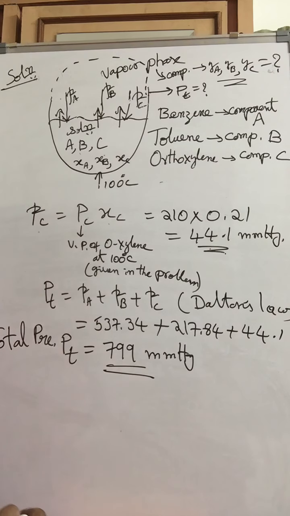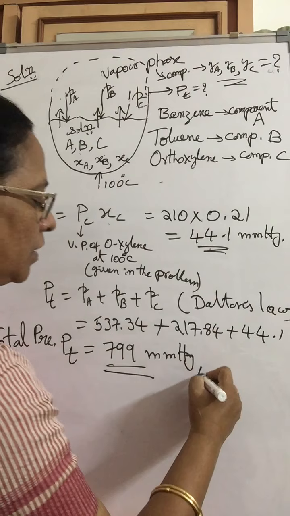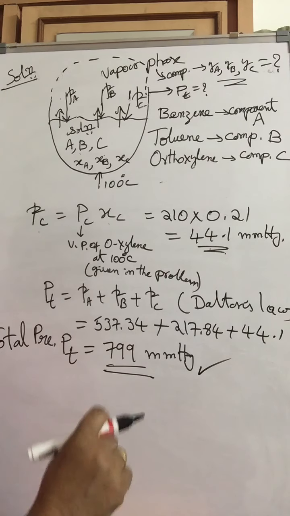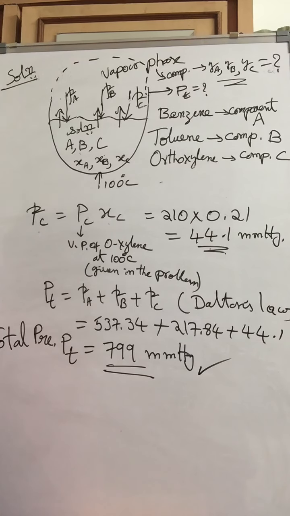Okay, so now we have solved the first bit. If you read the question once again, it says to calculate the total pressure and vapor composition. The first bit is total pressure.